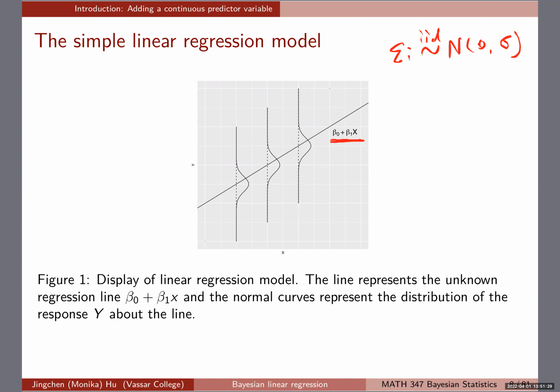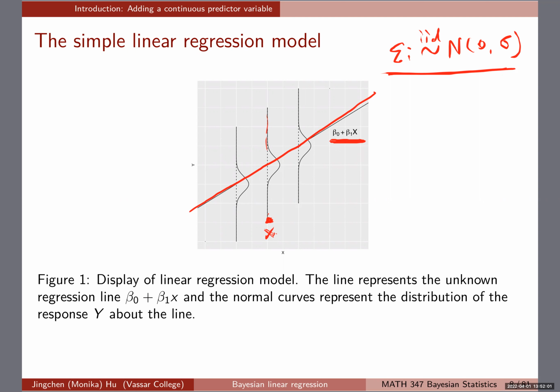In fact, the straight line being expressed, which is the regression line that we're fitting, is beta 0 plus beta 1 times x. But for the error term, you can imagine we are looking at a particular x, for example the middle over here. For this particular x value, I know that my observation is going to be roughly following a normal distribution around that point.